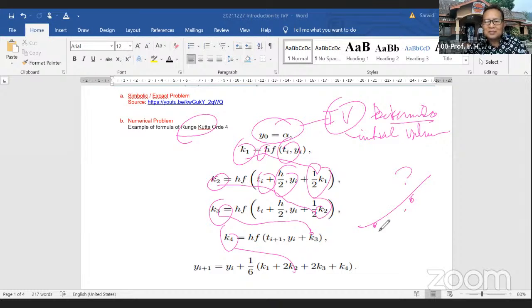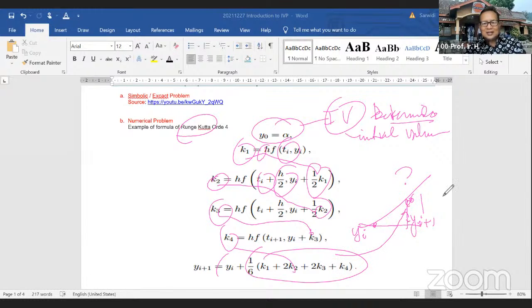Using this one, this is y i plus 1, plus this over 6, with K1, K2, etc. It's very nice, actually.